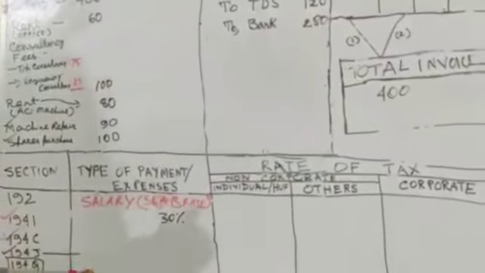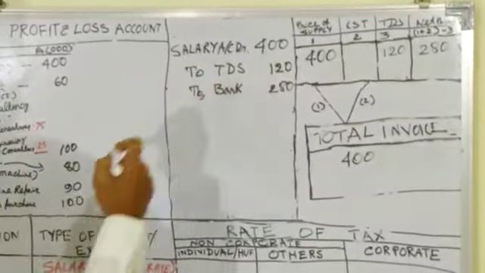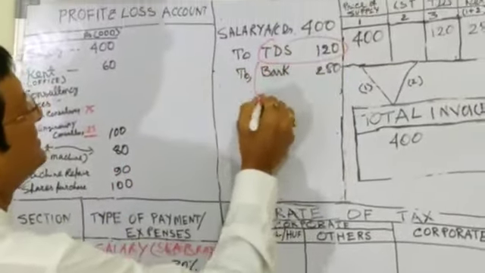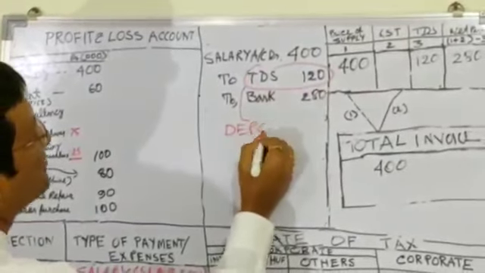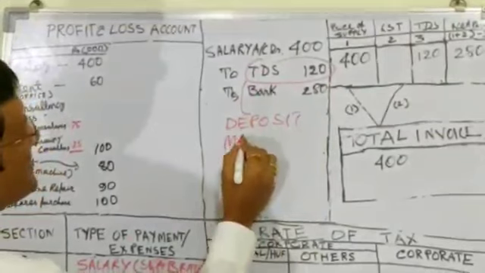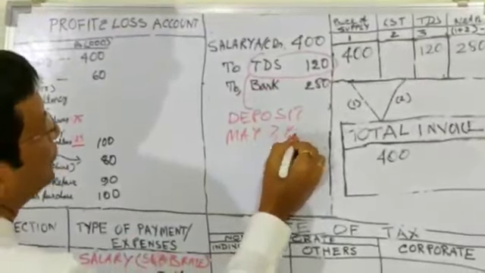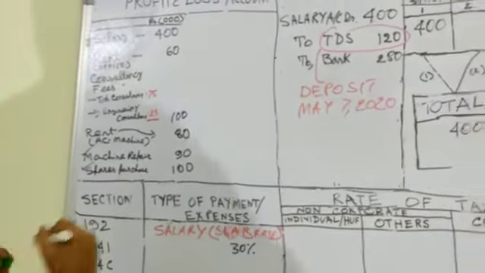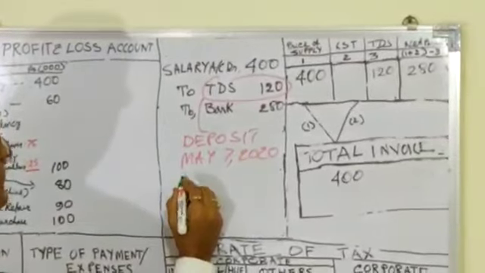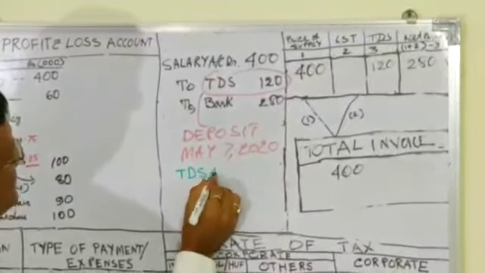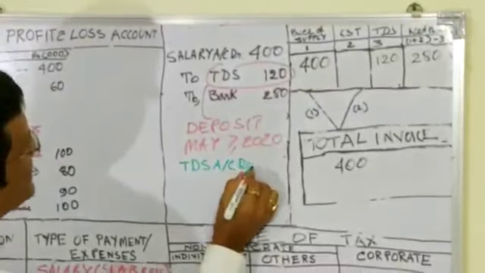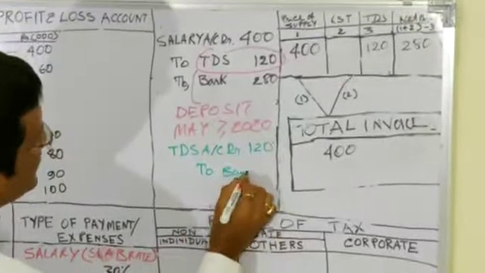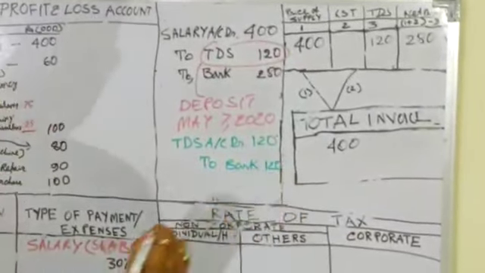When we deposit this TDS on May 7, 2020, the entry passed in our books of accounts will be TDS account debit 120 to bank 120, because we need to deposit this TDS to the government.